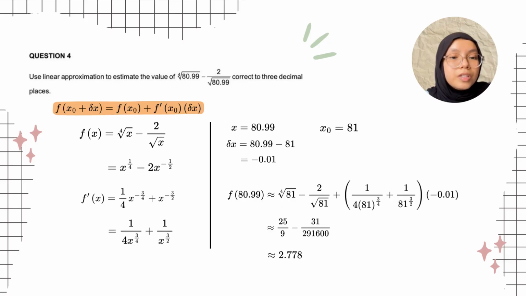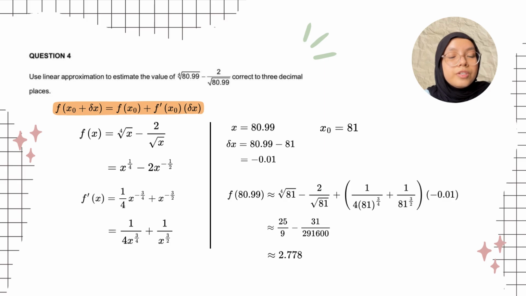First, we substitute 80.99 with x. So we are going to let f(x) equal the fourth root of x minus 2 over square root of x. To make it easier, we will make f(x) equal x to the power of 1 over 4 minus 2x to the power of negative 1 over 2.